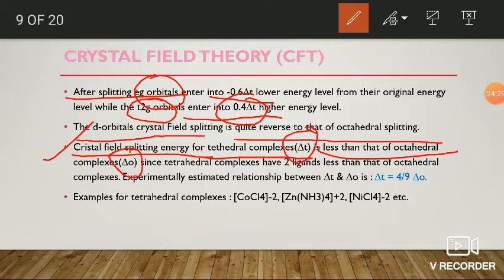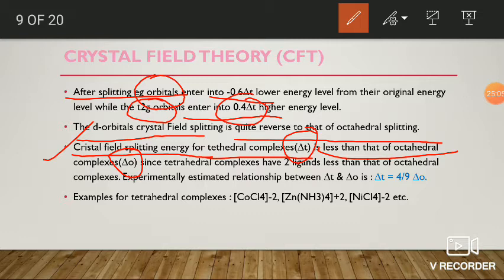During the formation of tetrahedral complexes, 4 ligands interact with the central metal ion, so repulsions are much less compared to an octahedral complex, where the central metal ion interacts with 6 ligands, that is 2 more ligands than in the tetrahedral complex. So due to the greater number of ligands in the octahedral complex, Δt is always less than Δo.